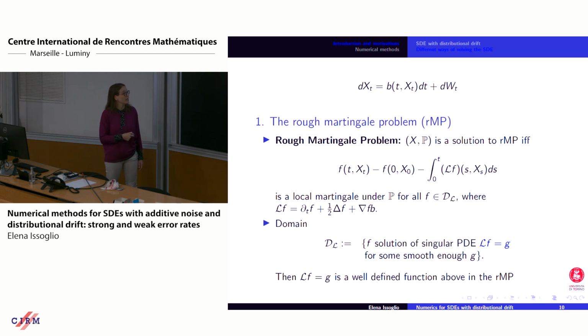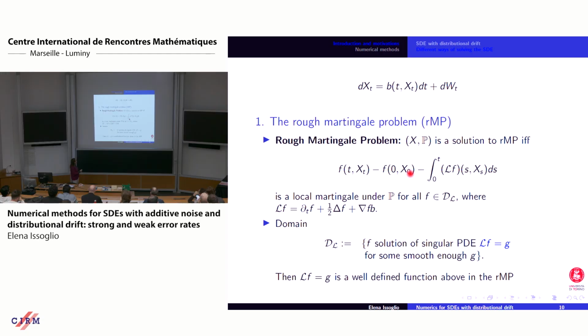So now when you take the f's in this domain, if you're able to solve the PDE, then Lf is g. So here you don't have Lf, but you have g, which you chose. g is a function, and so this writing here is well defined. And that's the main idea, and of course you have to work and solve the PDE.